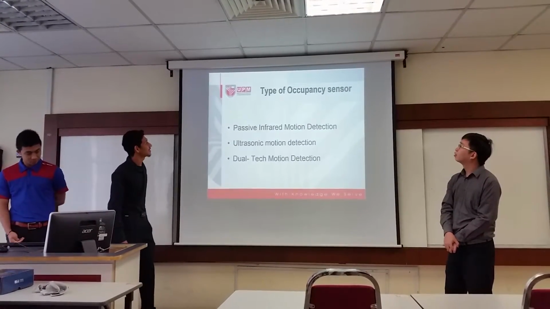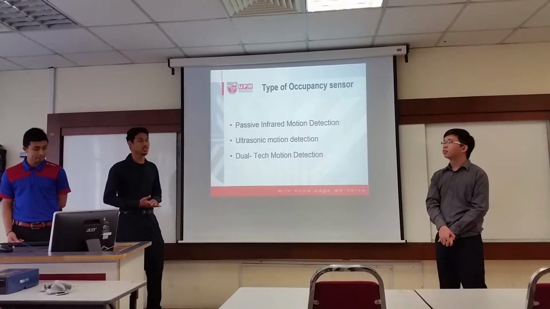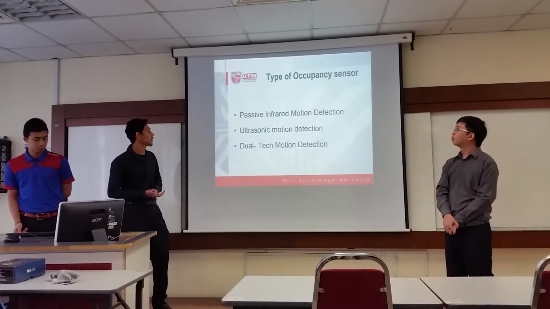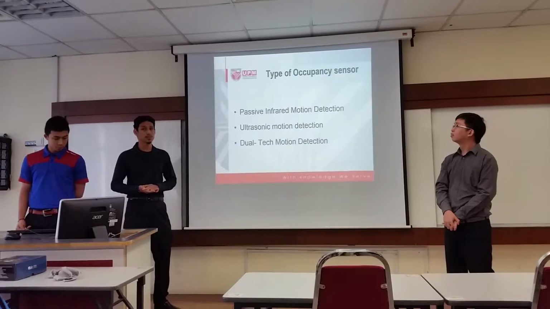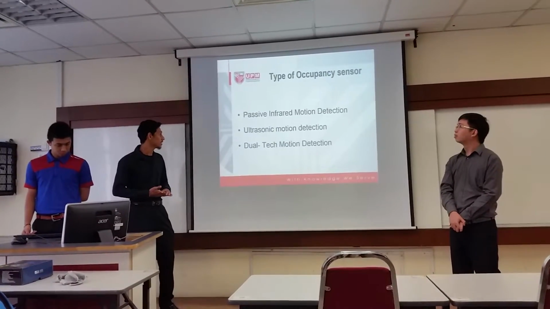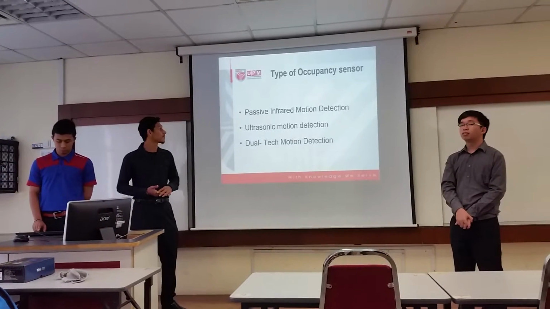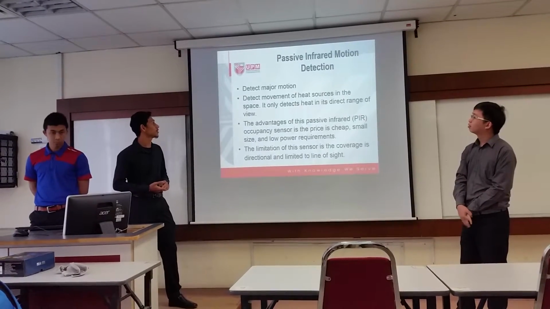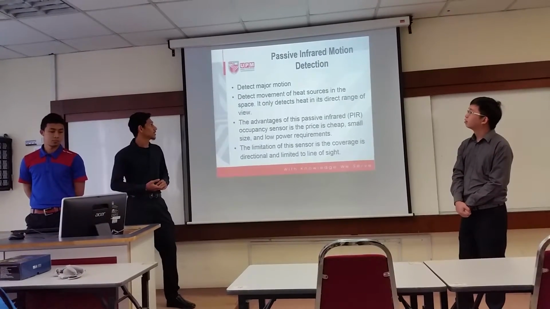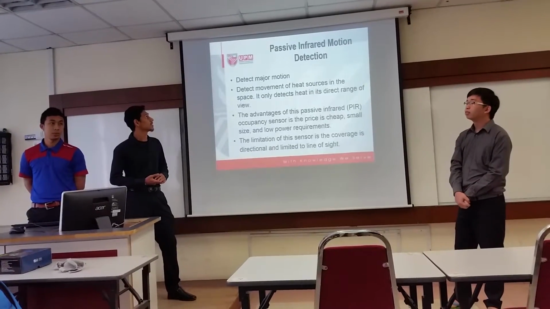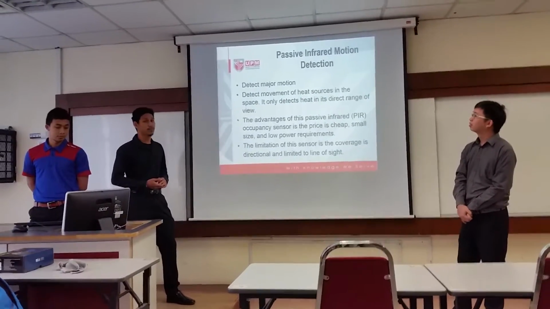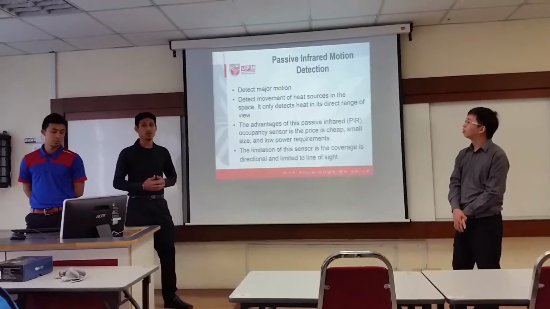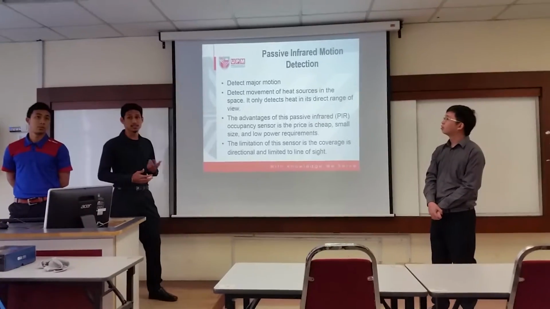These are the three types of sensor commonly used in commercial buildings: basic infrared motion sensor or PIR sensor, ultrasonic motion detection, and dual tech motion detection. This is the PIR motion detection. It will detect major motion. The basic operation for the PIR sensor is that whenever the sensor detects heat, it will turn the system on or off.